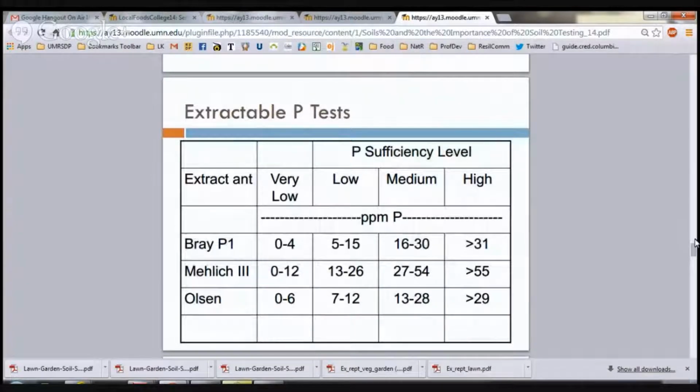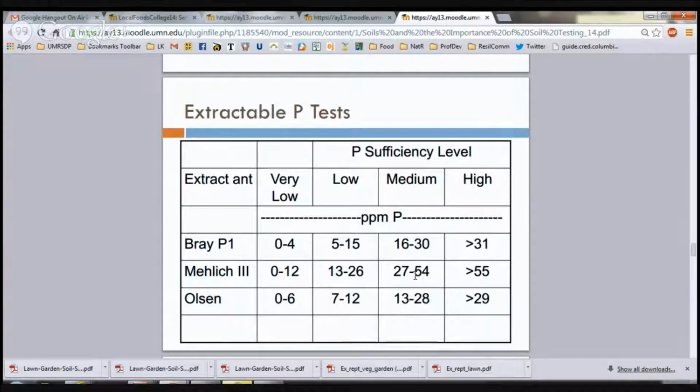to potassium, but let me just show you. This is what I typically use to figure out if I have high levels of phosphorus or very low levels of phosphorus. This is just a table showing you, based on the extractants or the test that's used, what those sufficiency levels are.